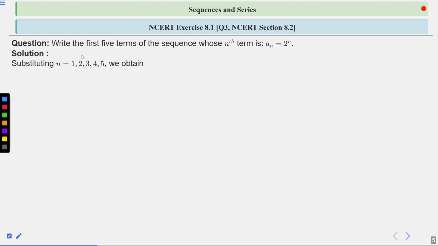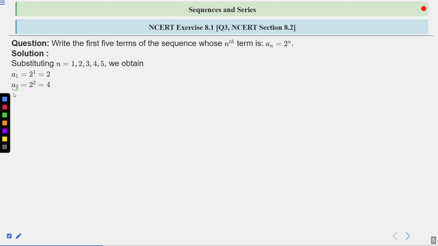In order to get the first 5 terms of your sequence, just substitute n = 1, 2, 3, 4, 5 into this rule to get the nth position term. So for the first position a1, we are going to have 2 raised to power 1, which is 2. So the first term is 2.